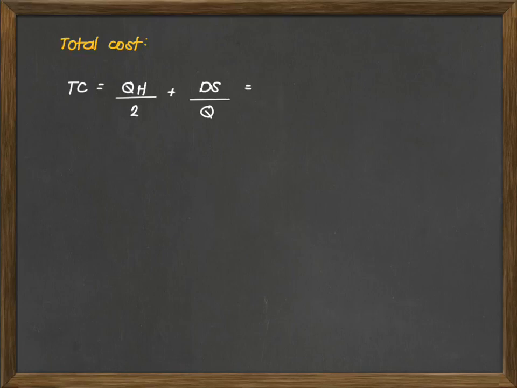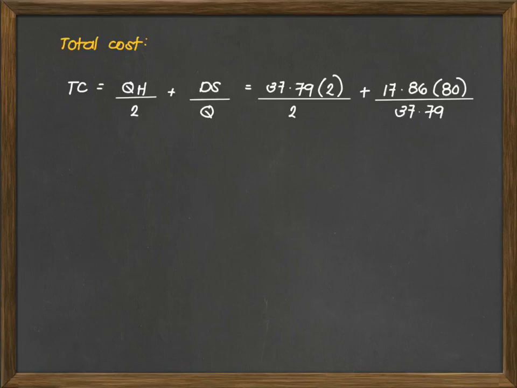Our actual Q solved earlier is 37.79, times 2, which is our holding cost, divided by 2, plus 17.86 multiplied by 80, and then divided by 37.79. So, we will arrive at an answer of $75.59.